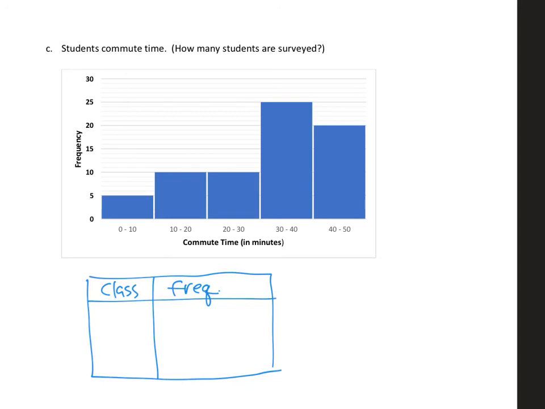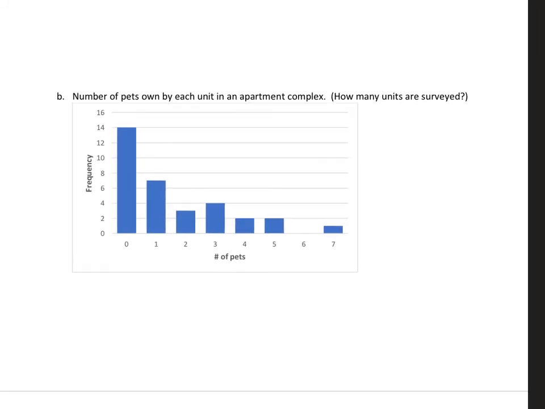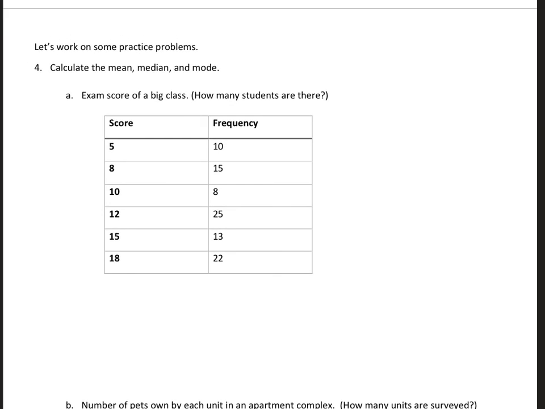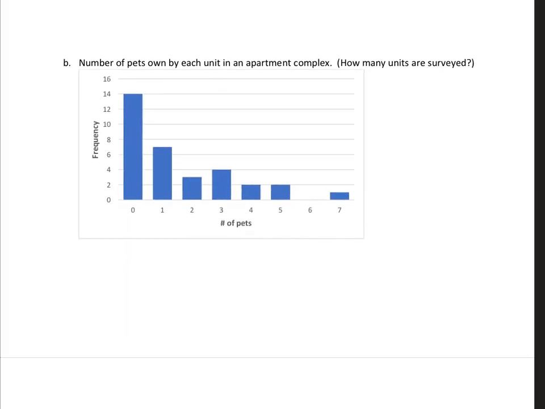If you look at the first bar, it goes from 0 to 10 minutes. Oh, it's a commute time. So 0 to 10 minutes. In the previous examples, most cases, each class has just one number in it, so that's no problem. If you look at this bar graph, each bar has only 1 number, so no problem.